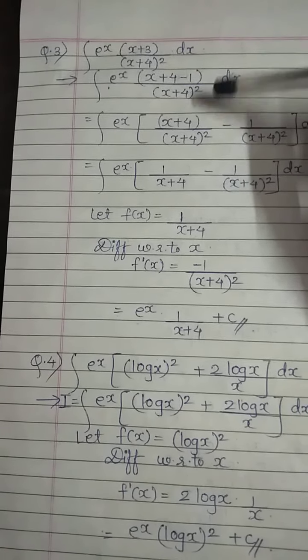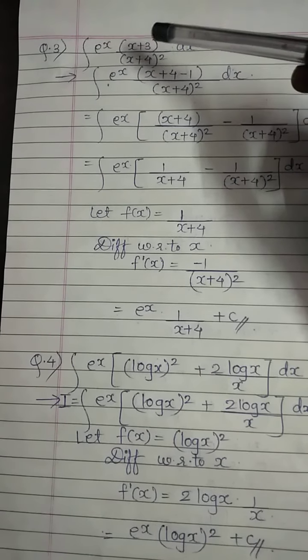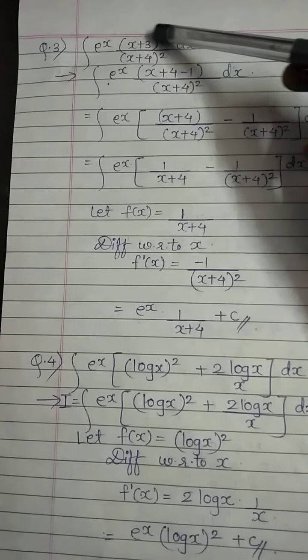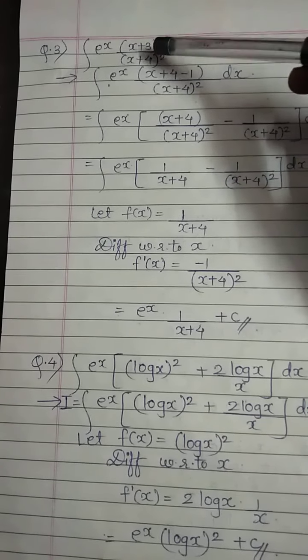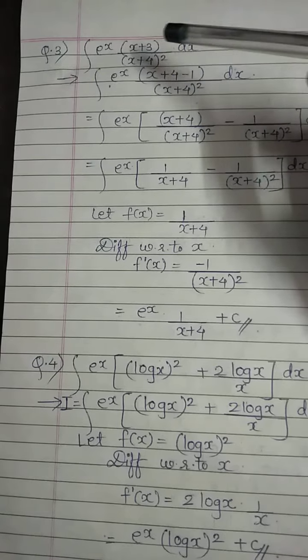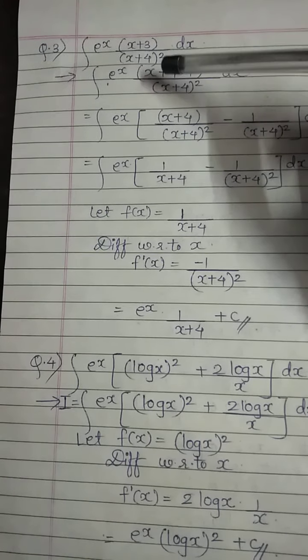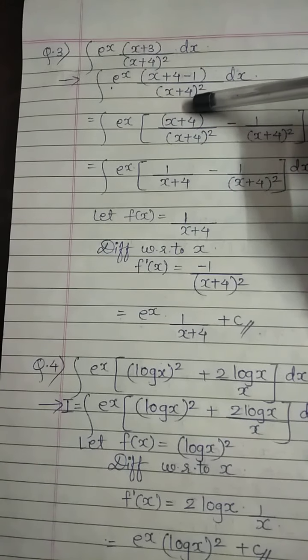So for that we require x plus 4 in the numerator, but since x plus 3 is given, we can split this 3 as 4 minus 1. 4 minus 1 is 3, that means again we are getting the same answer, so we can write this 3 as 4 minus 1.